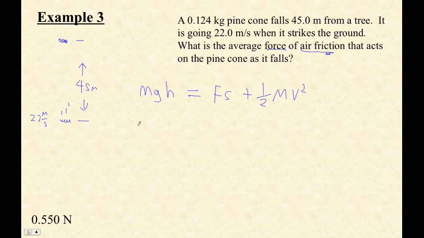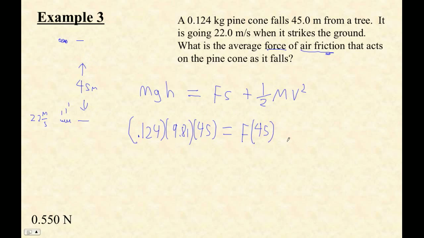That's what we've got. Okay, and the mass does not cancel out of all of these, right? Anytime you've got work in there, right? So 0.124 times 9.81 times 45 equals some force that we don't know, right? And then the distance over which it acts is 45 meters, right?